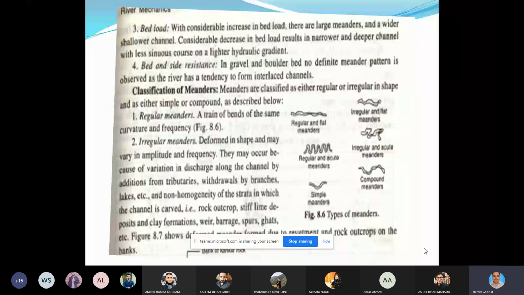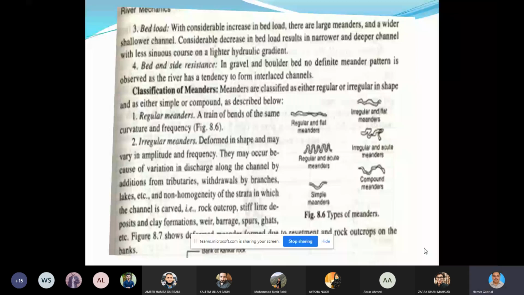But in the second figure, you see the irregular meanders, which are deformed in shape and vary in amplitude and frequency. Some are smaller meanders, some are bigger, and their amplitude and frequency are also not the same. Those we classify as irregular meanders.